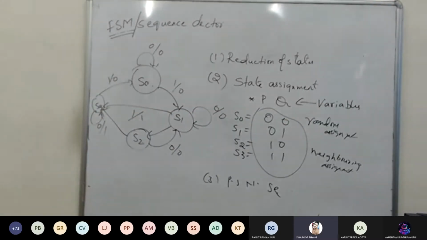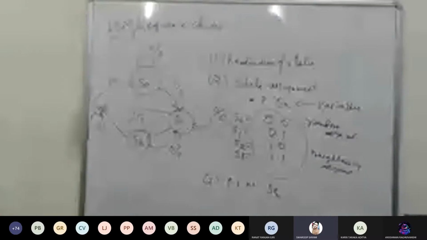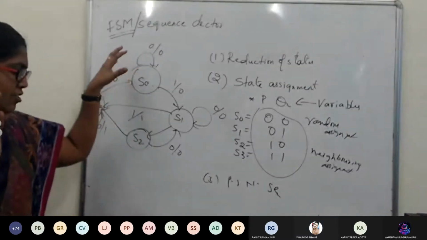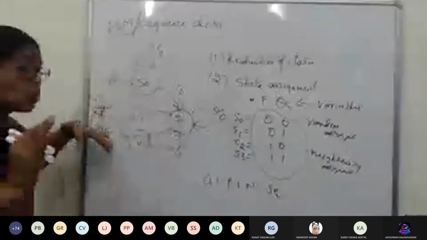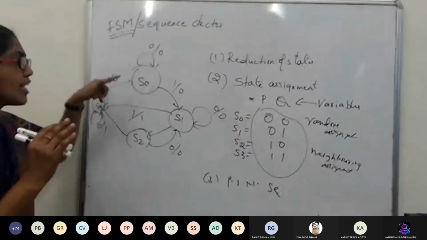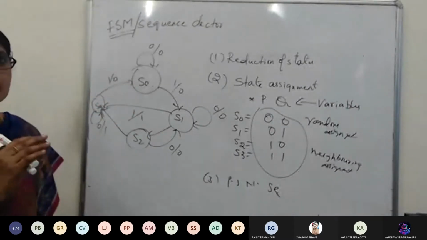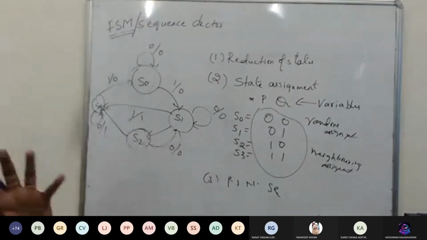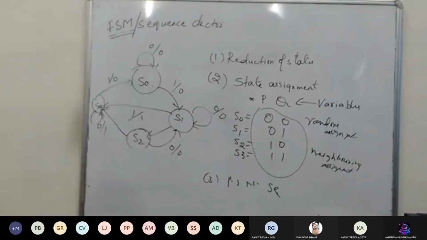Ma'am, can we say that S3 is adjacent to S0, so a 1-bit difference should be there? See, the question comes: I have started from the starting state and moved towards S3. So S3 and S0 cannot be adjacent, because I went this way. S2 and S3, till that level I can establish the neighboring assignment.